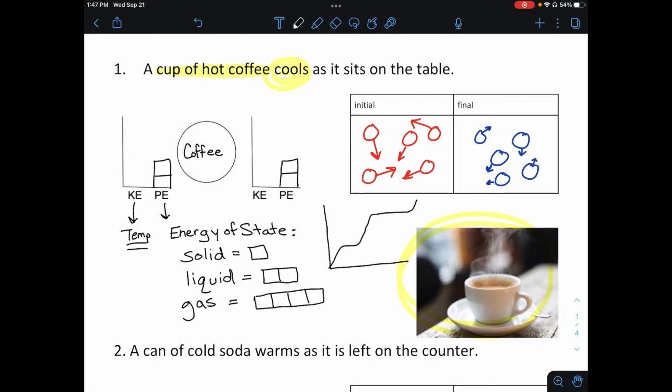So to show cooling, I'm going to show that the kinetic energy goes from something hot to something cooler. And I just took away 1 block. These can be different if you wanted to go from 4 to 1 or whatever, but I like to keep it kind of close to what you'd expect this to be at room temperature, if possible.